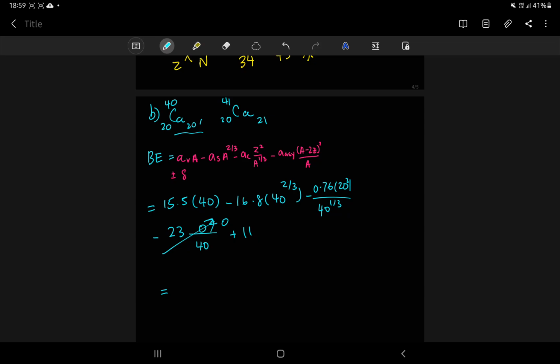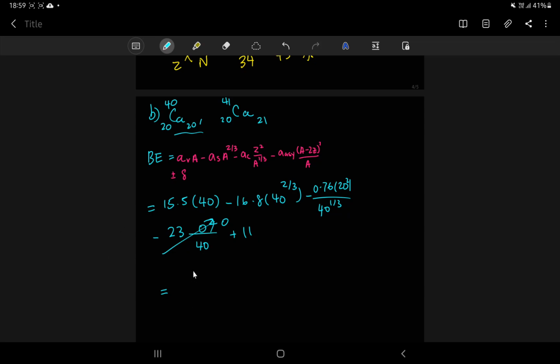15.5 times 40 minus 16.8 times 40 to the power of 2 over 3, minus 0.76 times 20 squared over 40 to the power of 1/3, plus 11.